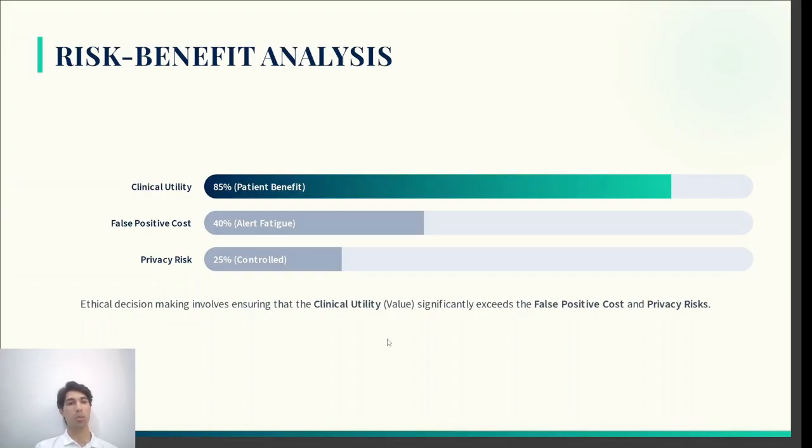The false positive cost is basically when our model identifies something to be true when it is not true, and it causes alert fatigue in these EHR systems. So we must make sure that our clinical utility significantly exceeds the false positive cost and also the privacy risk of the individuals whose data is being collected.